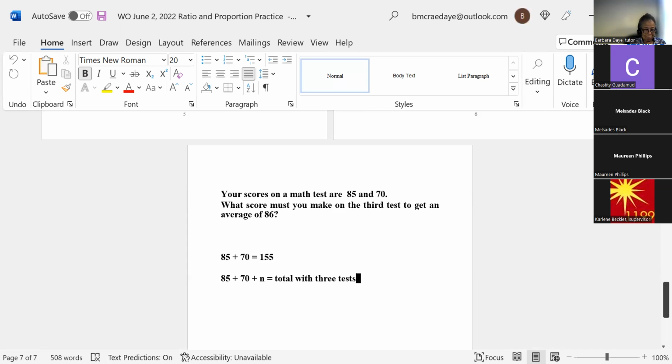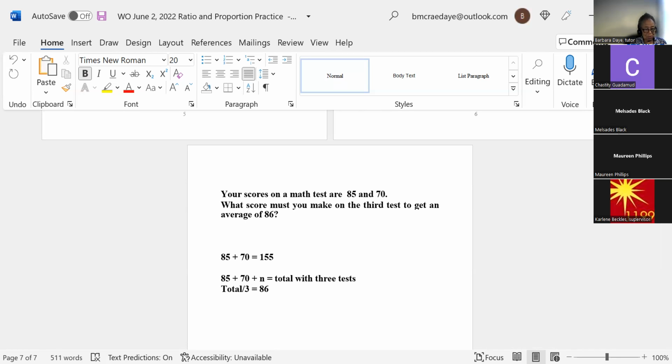So I'm going to divide the total by 3. Yeah, the total divided by 3 is equal to 86. So now you can find the total, right? You're absolutely right. The total divided by 3, and that's equal to the average of 86.